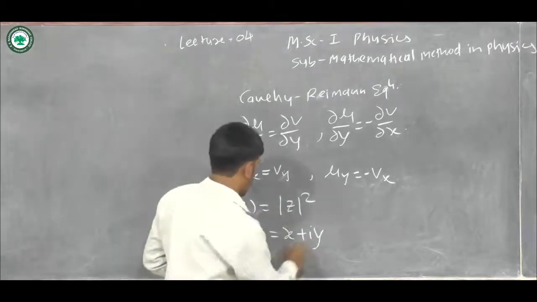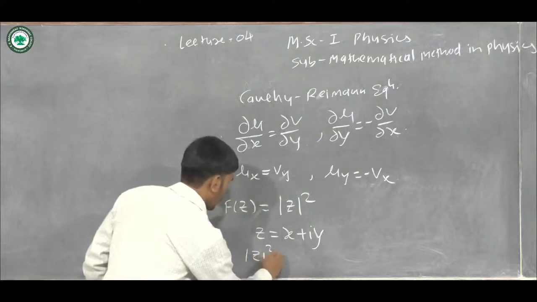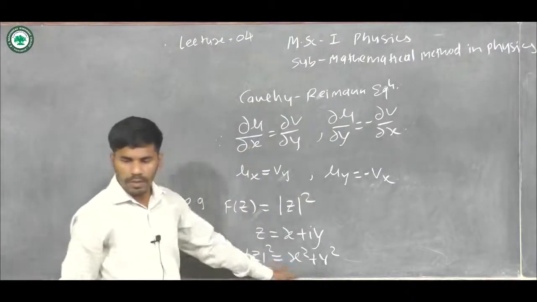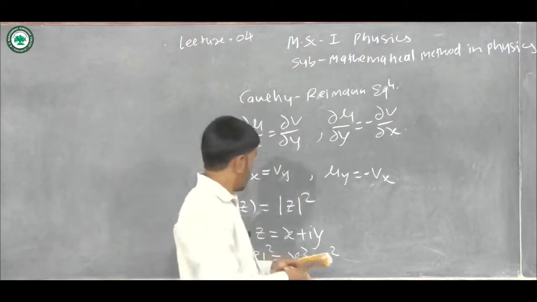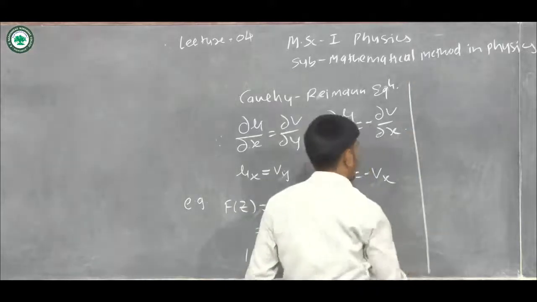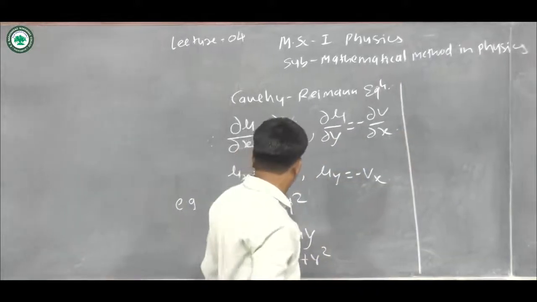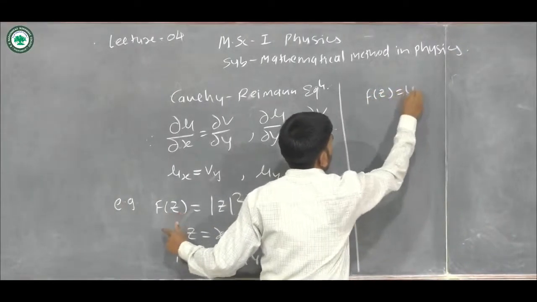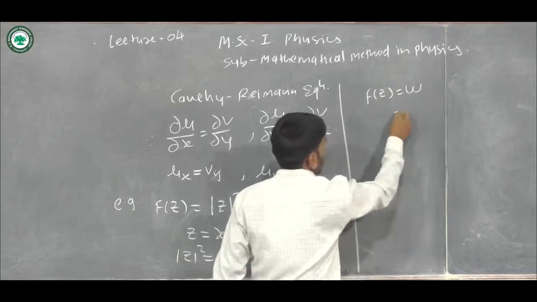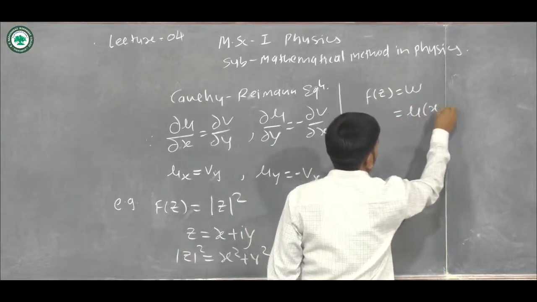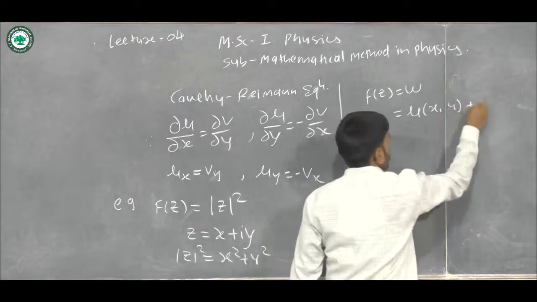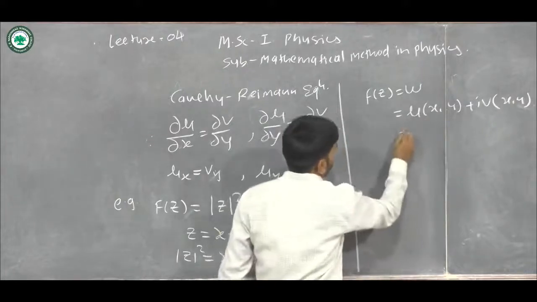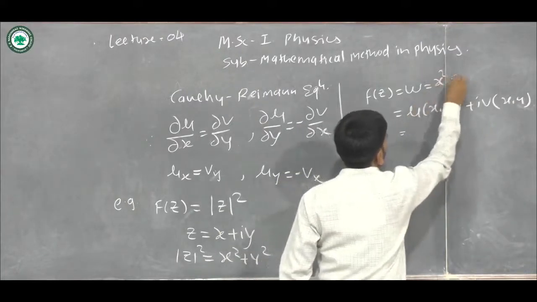If we simplify, mod z whole squared is equal to x squared plus y squared. Now we know f of z is equal to omega also, and we can write u of x and y plus iota times v of x and y. So this is equal to x squared plus y squared.